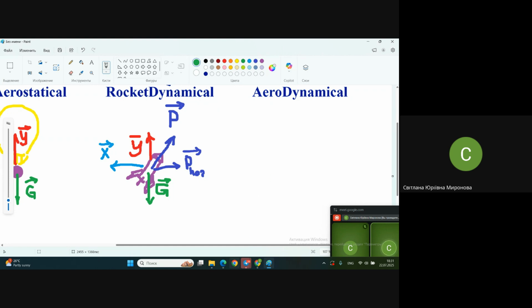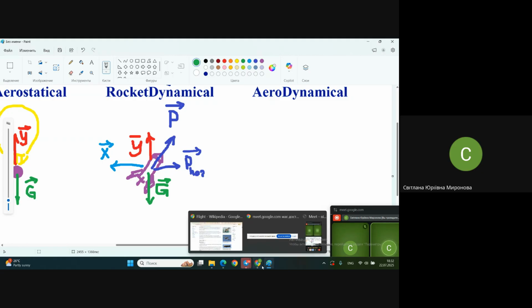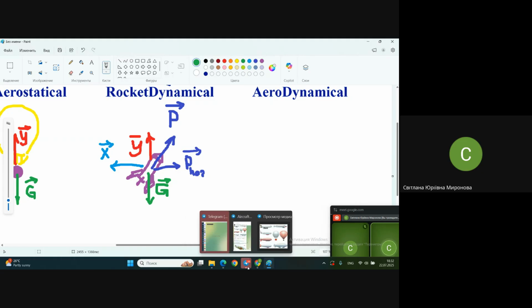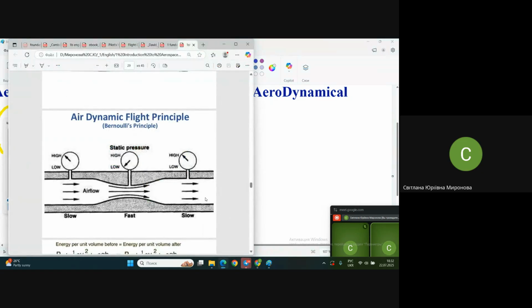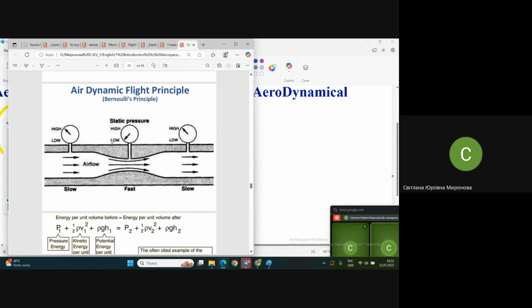So one more principle, the aerodynamical principle, is the one realized by the so-called Bernoulli principle. And what is this Bernoulli principle about?